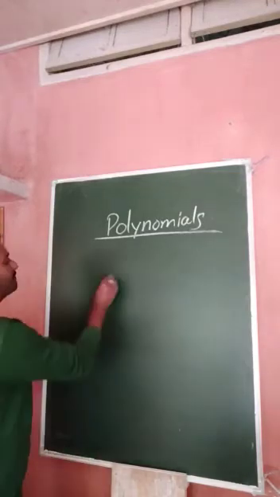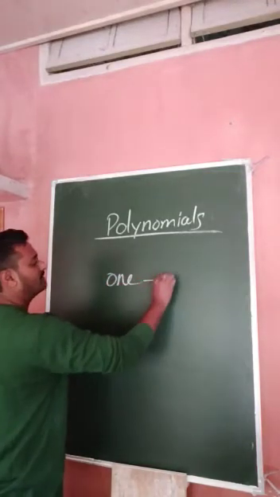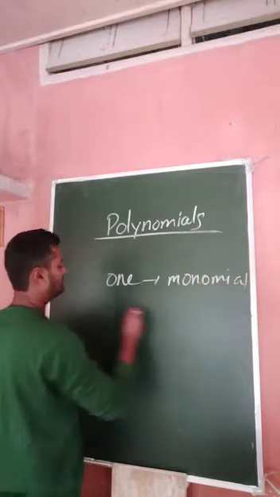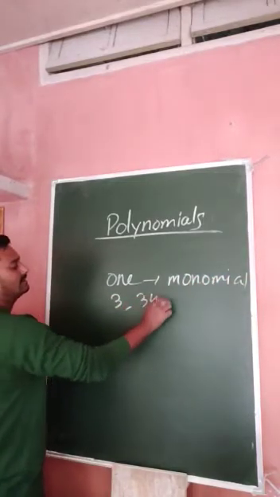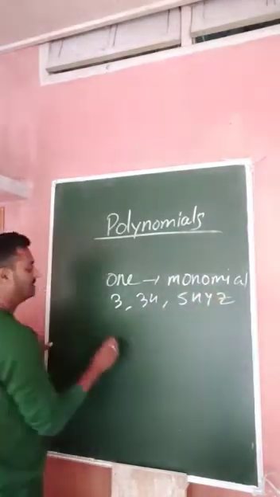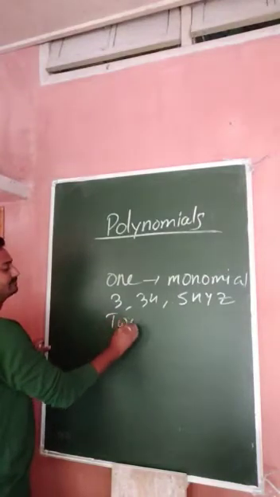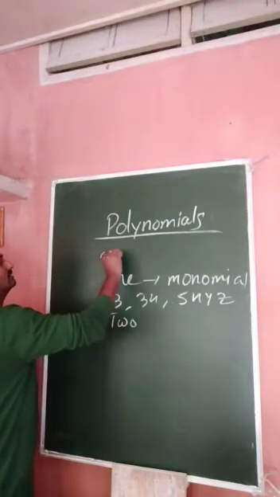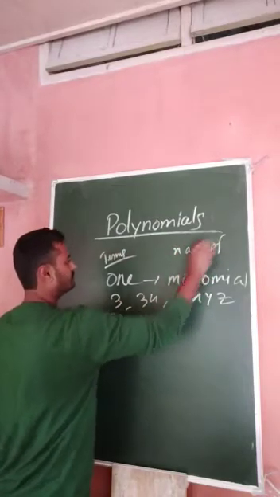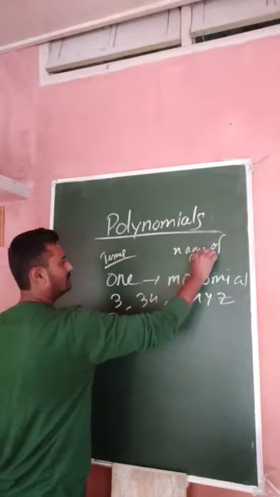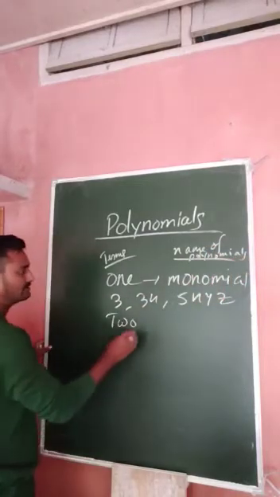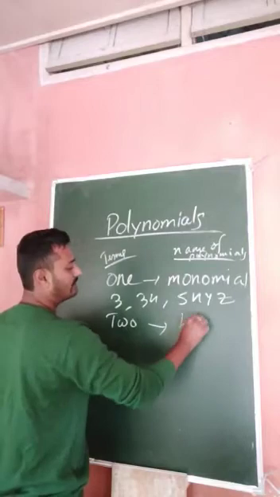Suppose there is one term, then it is known as a monomial. For example, 3x, 5xyz, etc. Suppose 2 terms, it will be a binomial.